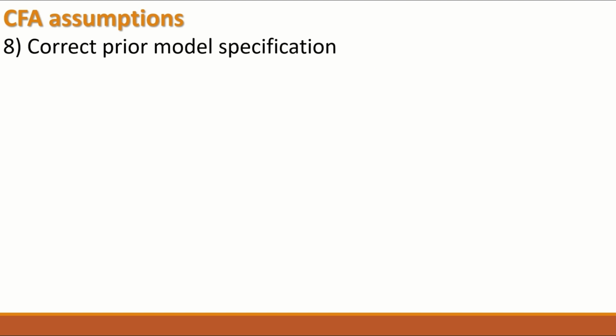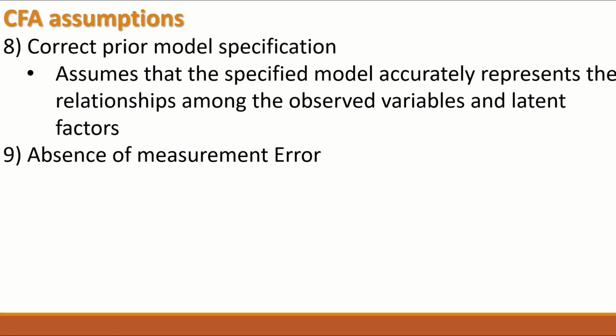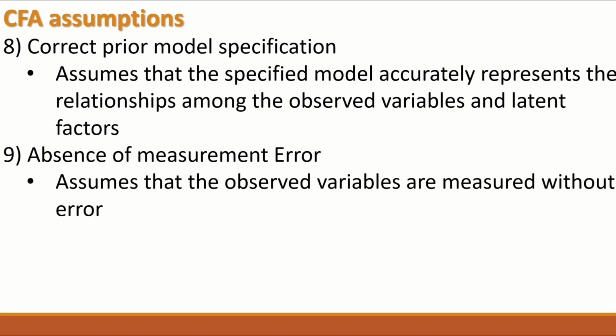The eighth assumption is that there should be a correct prior model specification. There should be a model with known factors and known items that load to each specific factor. So it assumes that the specific model correctly represents the relationship among the observed variables and the latent factors extracted from an outcome from the exploratory factor analysis. The ninth assumption is the absence of measurement error.